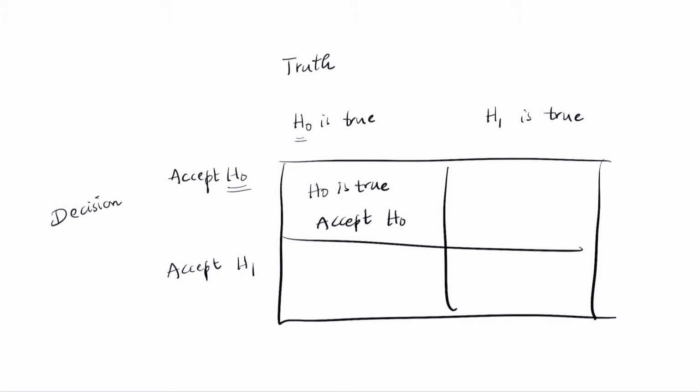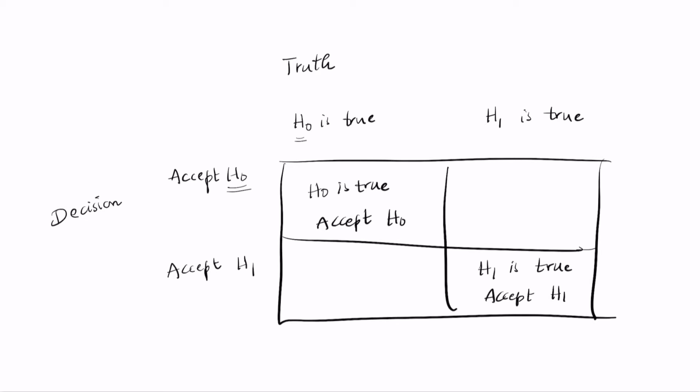The other one that is going to be easier to understand is H1 is true and we accept H1. Now these two are correct decisions, because notice that we are considering whichever is true as the one that is actually accepted as a decision.